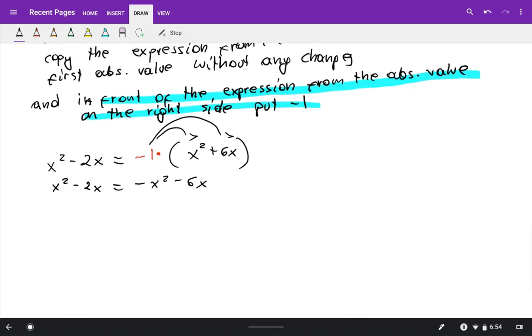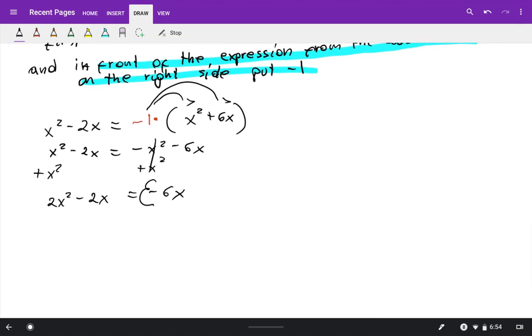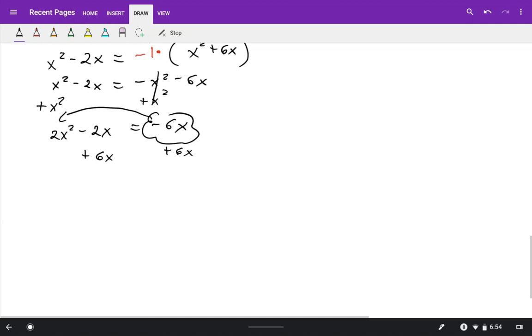And now we're just going to solve the equation for x. So let me add x squared to both sides. So we have 2x squared minus 2x equal -6x. And let me move that -6x to the left side, so I will add 6x to both sides. Okay, and that will give you 2x squared plus 4x equals 0.